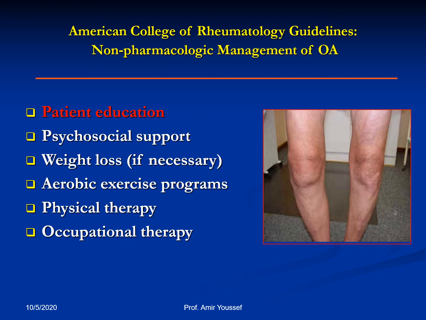American College of Rheumatology guidelines for non-pharmacologic management of osteoarthritis. Number 1, patient education, psychosocial support, weight loss if necessary, aerobic exercise programs, physical therapy, and occupational therapy.